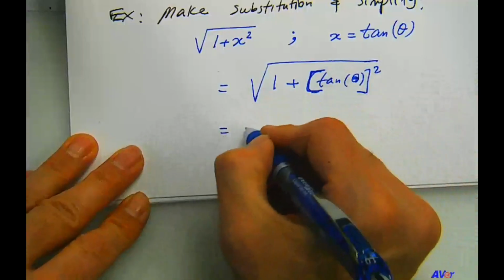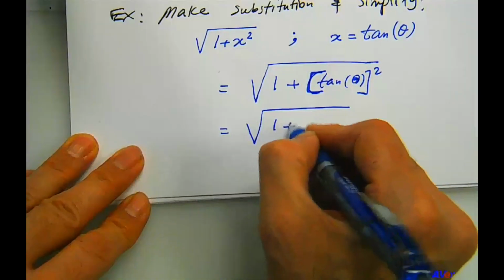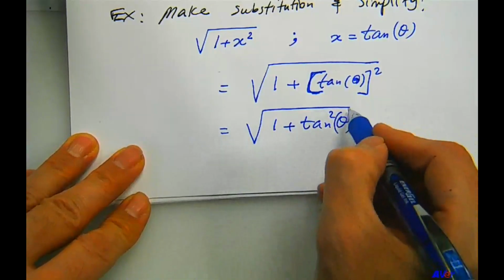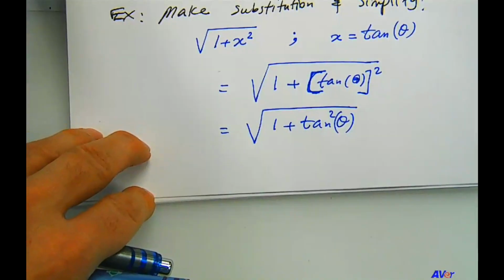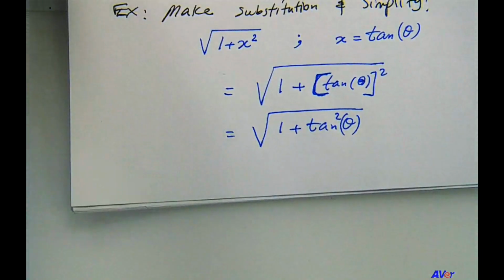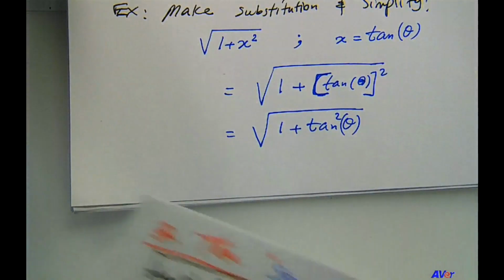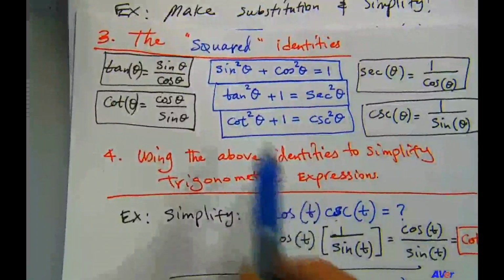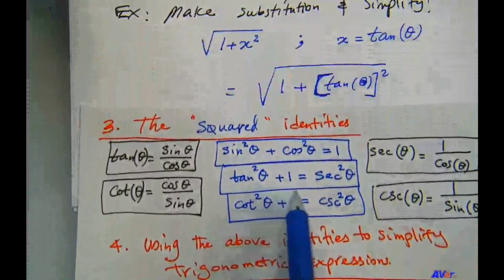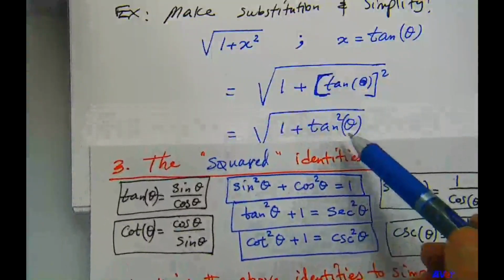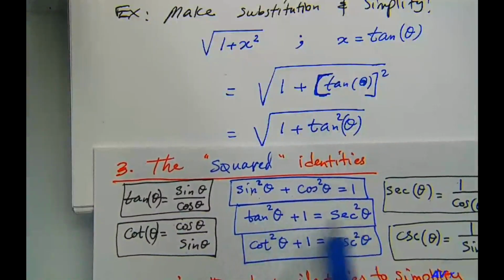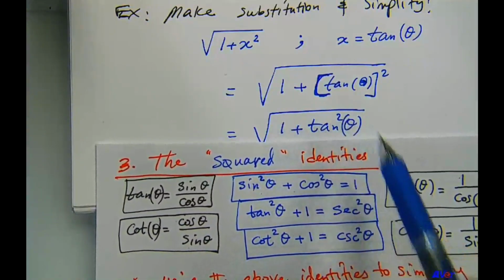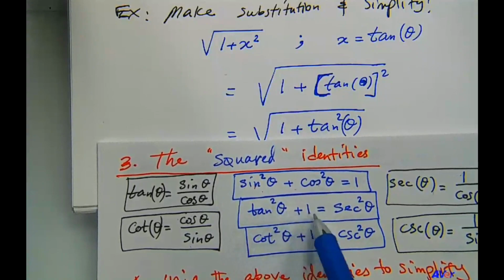So this is equal to square root of 1 plus tangent squared theta, right? And then by squared identities, what do we have? We have 1 plus tangent squared theta, or tangent squared plus 1, right? So compare that with what we have here. It's the same thing, right? 1 plus tangent squared theta is the same thing as tangent squared theta plus 1.